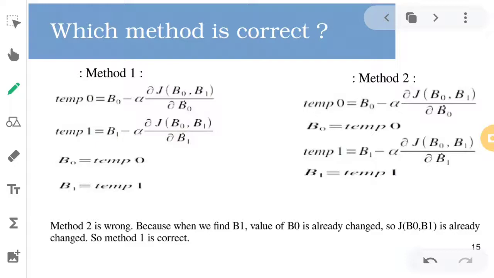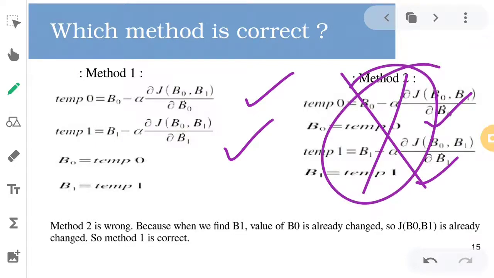At first we store this value in temp0, then this value in temp1, then update b0 and b1 after the iteration. This method is wrong and this is the correct method.